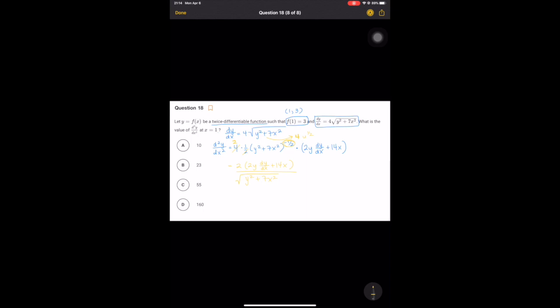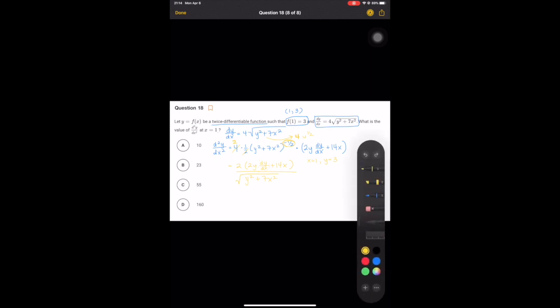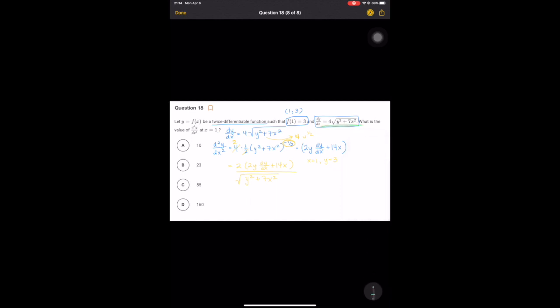Now they want an actual value, not an equation, meaning we have to plug in the stuff. So we know that x is 1, that's given. We know that y is 3. Notice that we have y's in here, we have x's, but we also have a dy dx, right? So what do we do for dy dx? Well, luckily we have an equation up here. Okay, equations are our friends. Let's plug in the point 1 comma 3 into this equation.